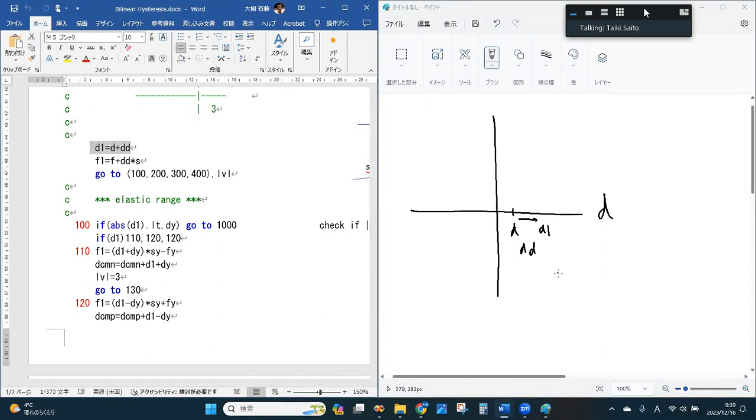Okay. And F, and the new force is F1. And this slope is stiffness is S. So this part is S multiply DD, right?